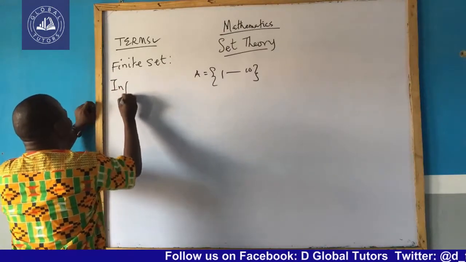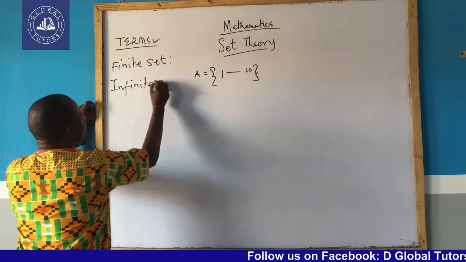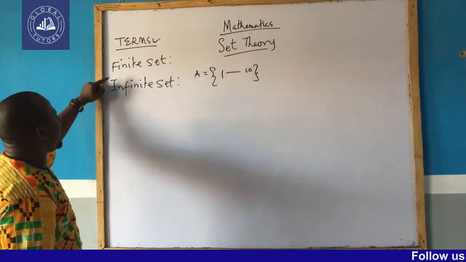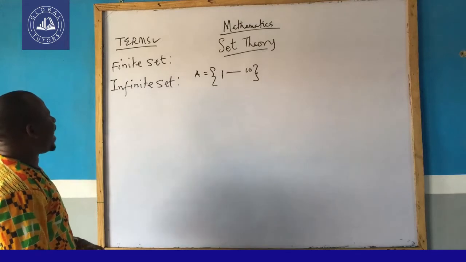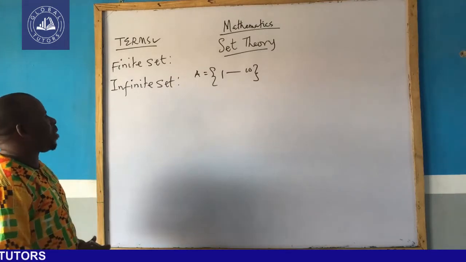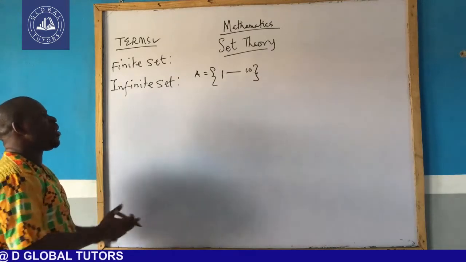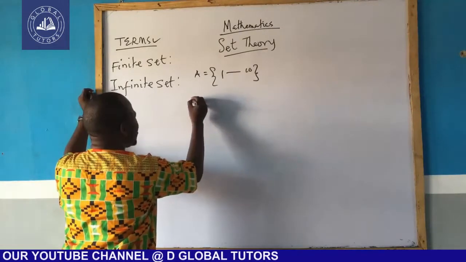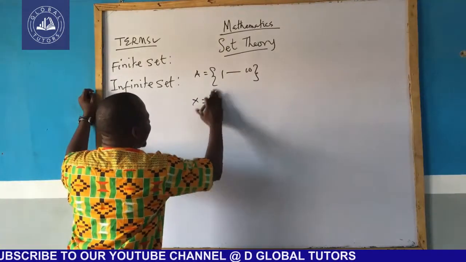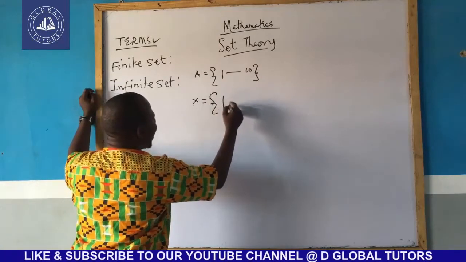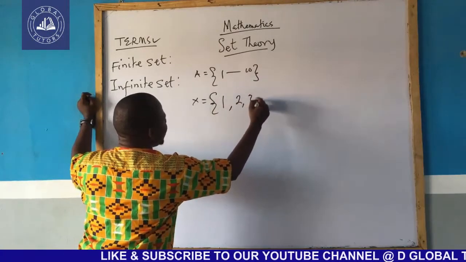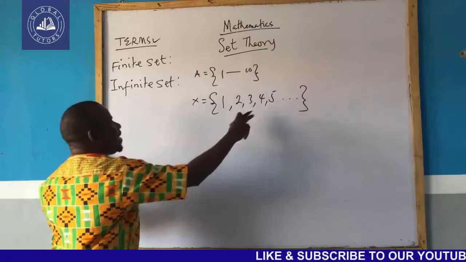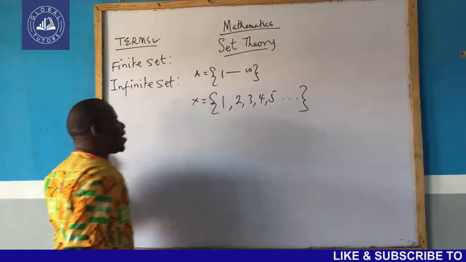Then the next one is infinite. So you should know, by putting infinite, it will be the opposite of finite. So it means an infinite set will be a set with an endless list of elements. That is, the list of the elements continues to infinity. For instance, if I give you X and I say the elements in X are 1, 2, 3, 4, 5, and I put three dots, meaning this number continues to infinity.